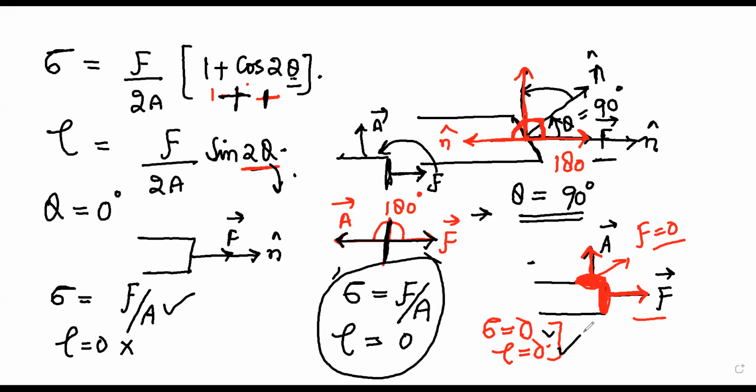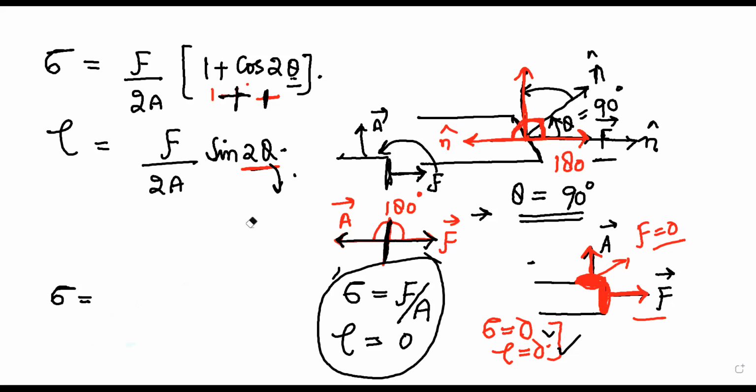Similarly, we can talk about when theta is, for example, 45 degrees. When theta is equal to 45 degrees, the normal stress has cos 2 times 45, which is cos 90, and cos 90 is 0, so it becomes F by 2A.